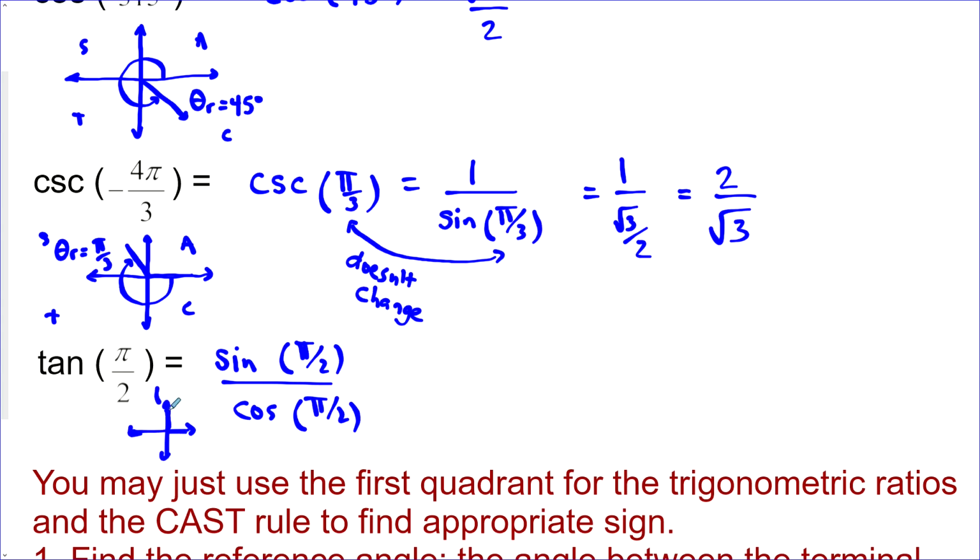So the coordinates of this would be 0, 1. 0 is our cos, 1 is our sine. And we realize that we cannot do this. In fact, I'll write this in quotations because I don't want to leave it there as if it could exist. This is undefined because we cannot divide by 0.